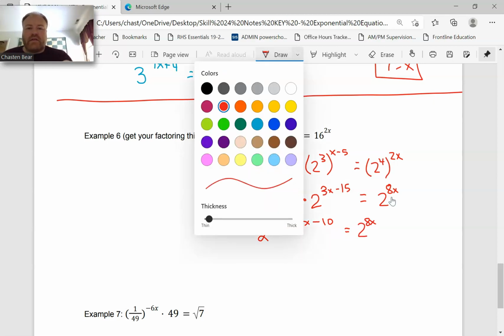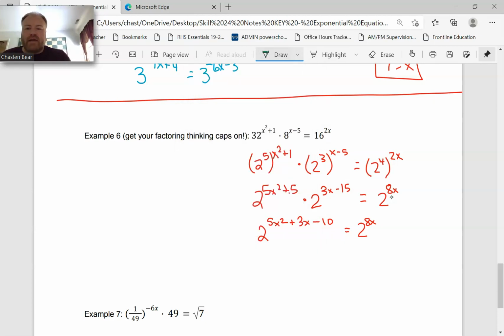So let me change color here, and I'll go to the left and do that. So I have 5x squared plus 3x minus 10 equals 8x. I'm going to subtract 8x from both sides because this is quadratic. So if you look here, it says get your factoring thinking caps on. It's because we're going to have to do some factoring.